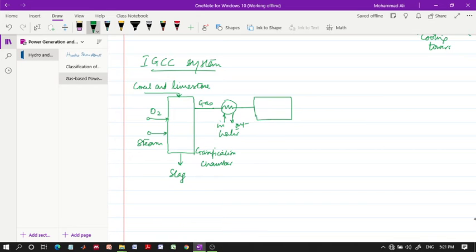Okay, so desulfurization, and over here comes out the fuel gas. All right.